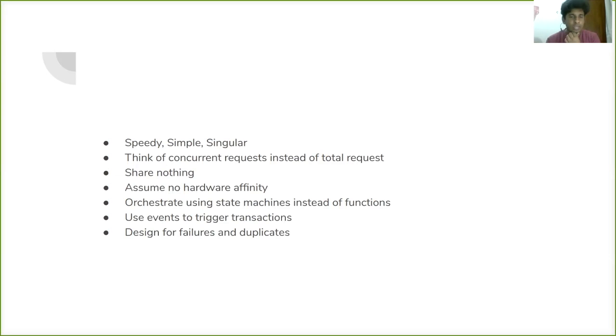So AWS advises it's better not to share anything. Another thing is we have to build our applications in a manner that is hardware agnostic. We shouldn't assume what hardware we are going to get for our Lambda function. Initially, when we design a Lambda function, we try to keep it very simple and very focused.